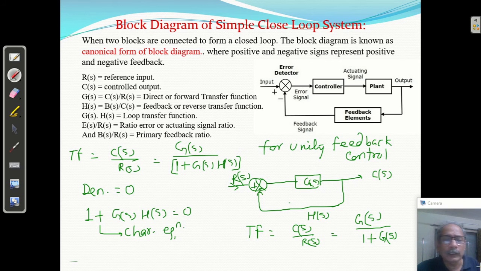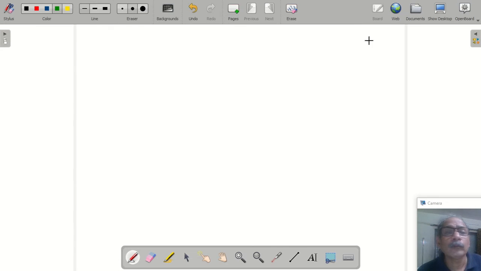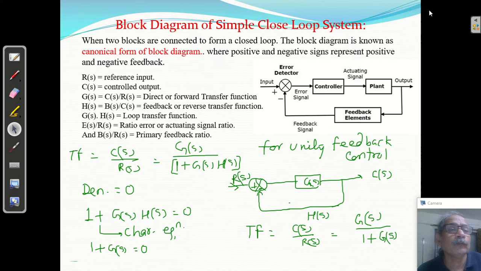In case of a unity feedback control system, 1 plus G of S equal to 0 is called the characteristic equation. One more thing I want to tell you.